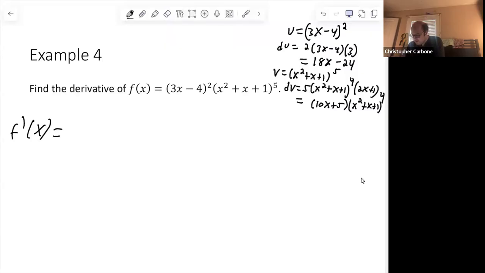Actually, it'd be probably nicer if I did not do all of the simplifying. We'll see why in a minute. Let me just erase these.